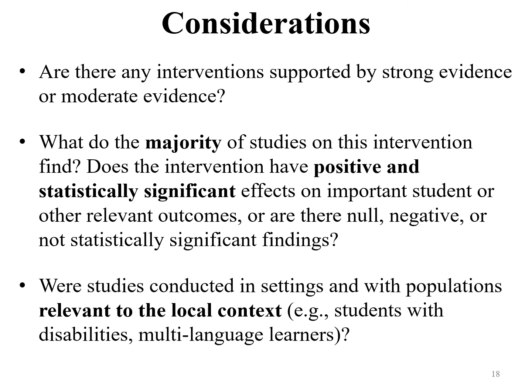Does the intervention have positive and statistically significant effects on important student or other relevant outcomes? Or are there no, negative, or not statistically significant findings? Were studies conducted in settings and with populations relevant to the local context, for example, students with disabilities or multilanguage learners?